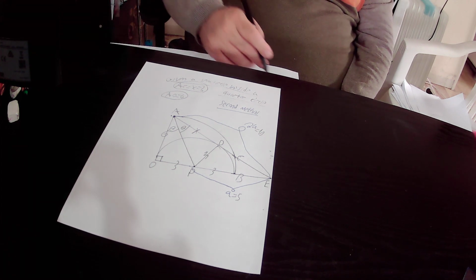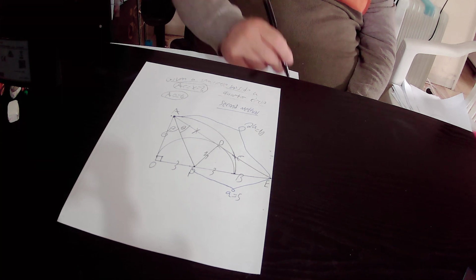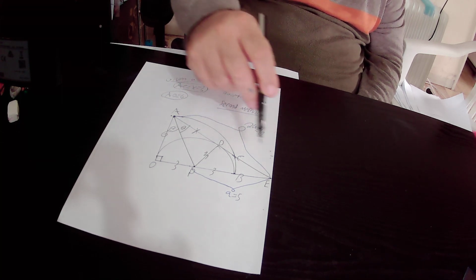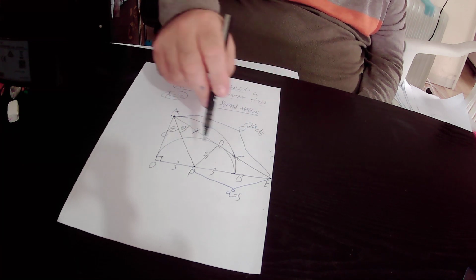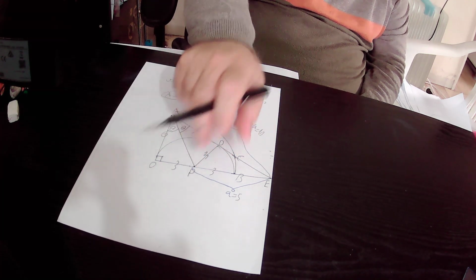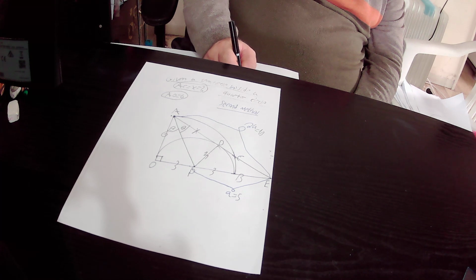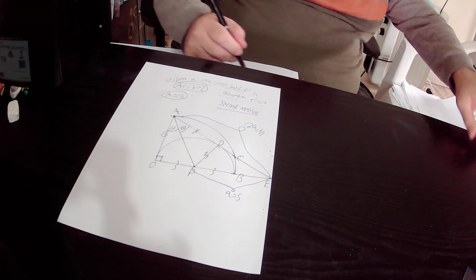For the drawing, it is very easy to see that the length of line segment BE equals PE minus PB. PE minus PB equals BE.